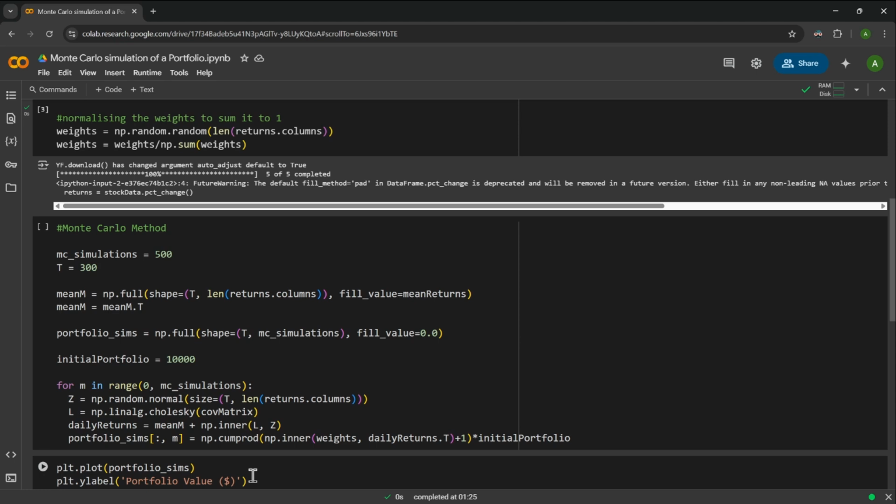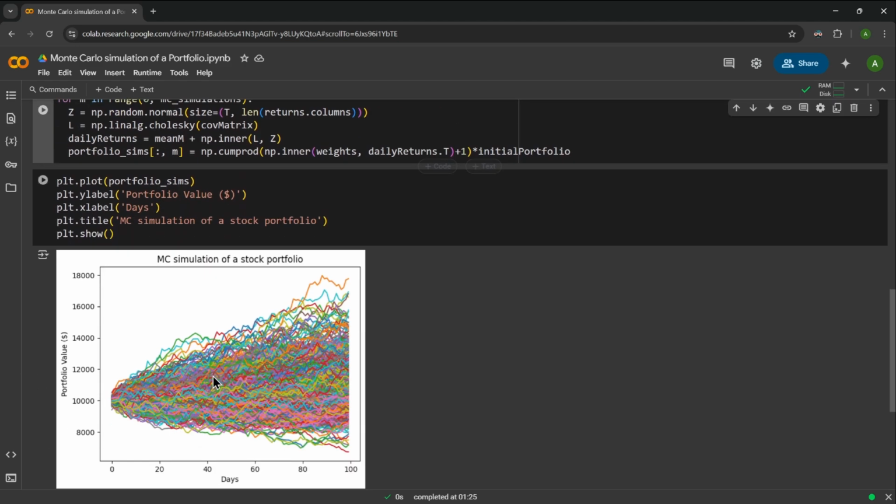So we have to sum up all of these stock values and then put it somewhere, and this is where we put it. So this is called portfolio simulations. And we just initially fill it up with zeros. And as we progress, we'll just start filling it up with the relevant values and then we'll plot it.